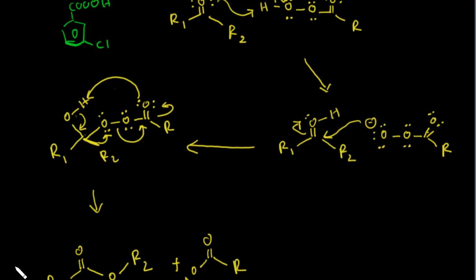We can isolate these two very easily, because the carboxylic acid is very polar and the ester is non-polar. Maybe you wonder: this oxygen always comes from the ketone, so it didn't change, because this is the ketone oxygen, and this oxygen comes from the peroxide.